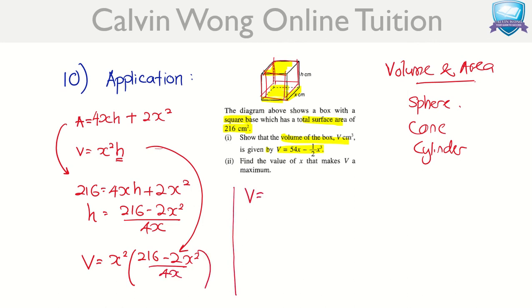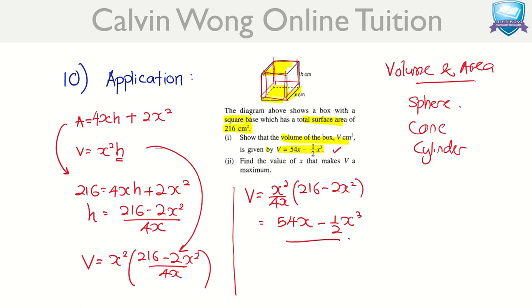When we simplify the whole thing, x squared over 4x times 216 minus 2x squared, it will be 54x minus half x cubed. Shown.